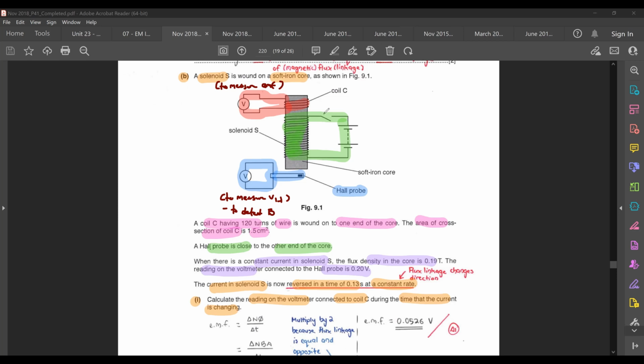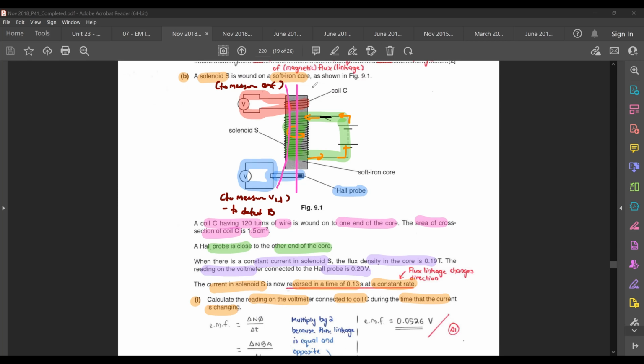So if your switch is closed, current by right will flow like this, maybe like this, and then coming back out to your other terminal. The moment you have current flow through your solenoid, from the magnetic field chapter that you've learned before this, as long as you have current flowing through a solenoid, you will produce a magnetic field around that solenoid itself. So let's imagine that the solenoid has a magnetic field that looks like this.